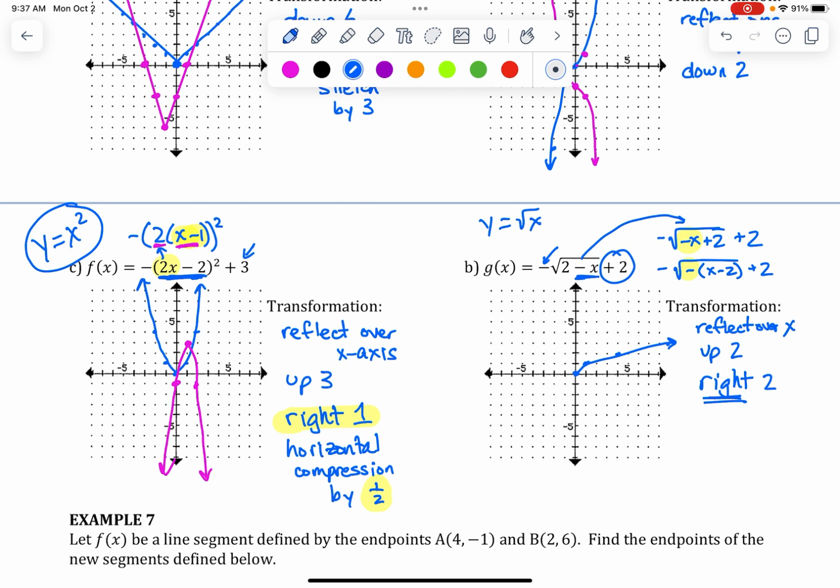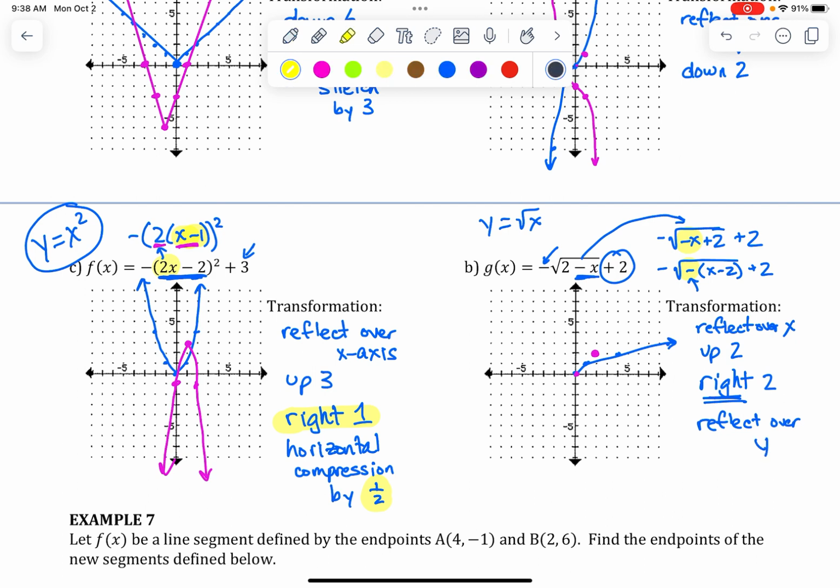And so this origin point is actually going to go to right 2, and the square root function is going to go starting from there. The negative on the inside here tells you that you're going to reflect over the y-axis as well.